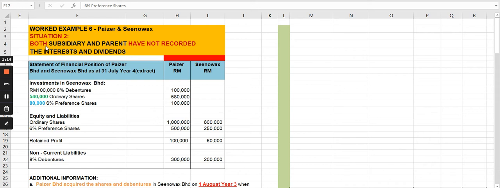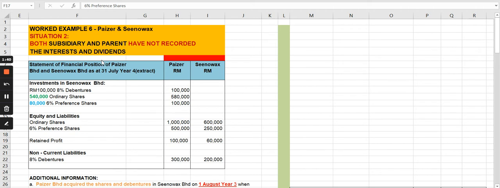In this video, I'm going to discuss situation 2, which is how we should do the consolidation adjustment when both subsidiary and parent have not recorded the interest and dividends. So no record has been made by either the parent or the subsidiary company pertaining to the dividends.